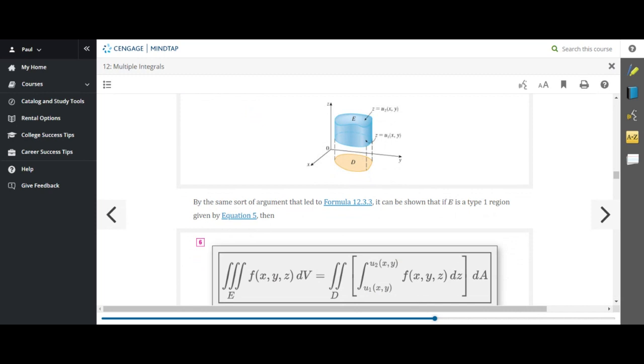And after you integrate that with respect to z, because you can see in region 1 in the picture above, the top and bottom surfaces are surfaces such that z is a function of x and y. So after you integrate with respect to z, then you have a double integral with respect to x and y. And that's going to then basically be like sections 12.3 and 12.4. That's a type 1 solid region.